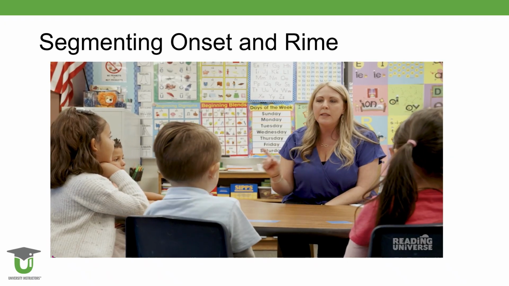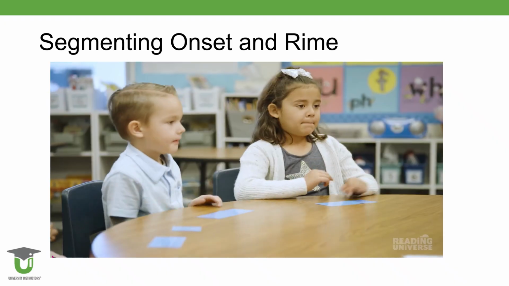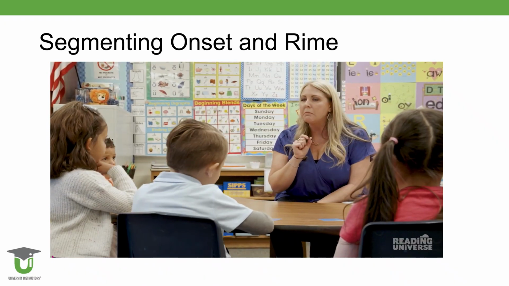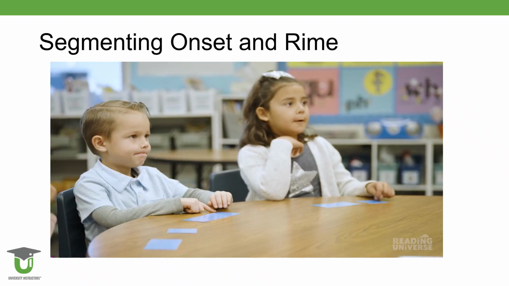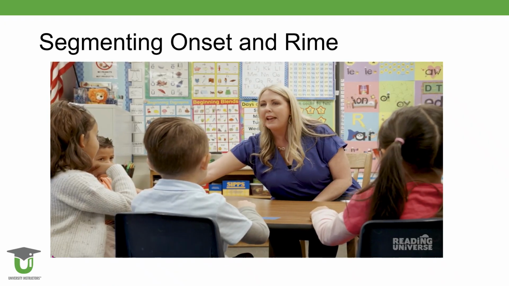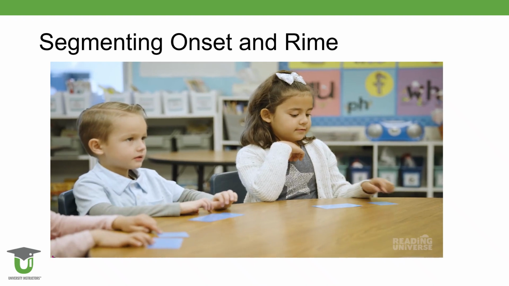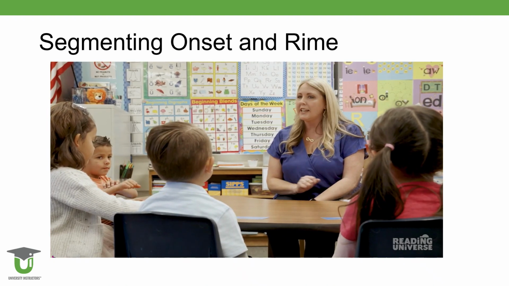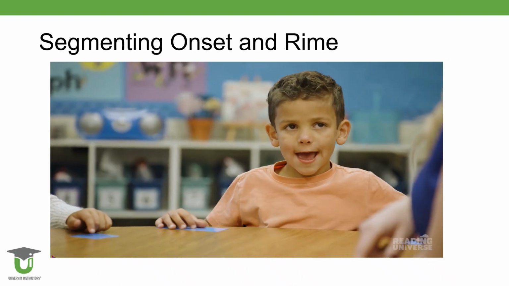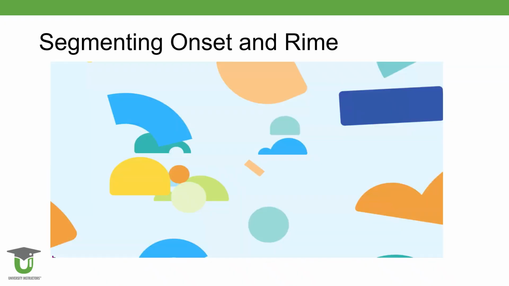Are you ready? The word is pest. Pest. Now when you tell me the first sound, try popping your lips. Ready? And the rhyme? S. Good job. Okay, let's try the word chest. Chest. S. Good job.